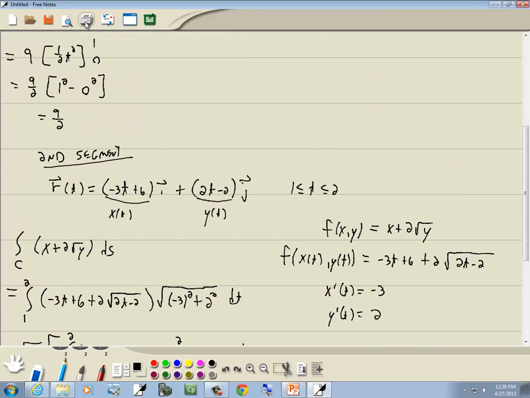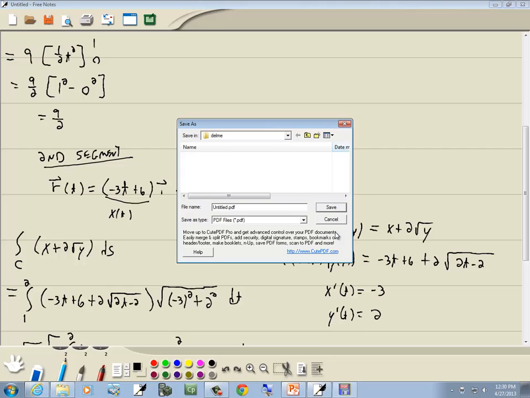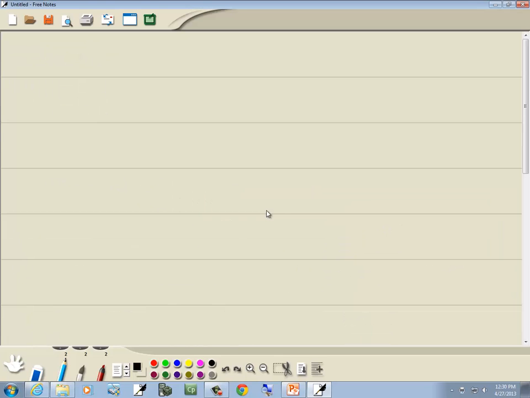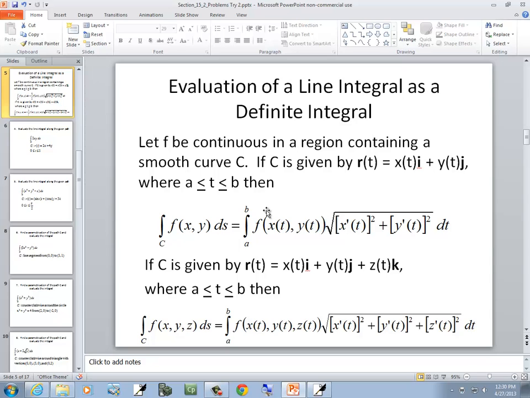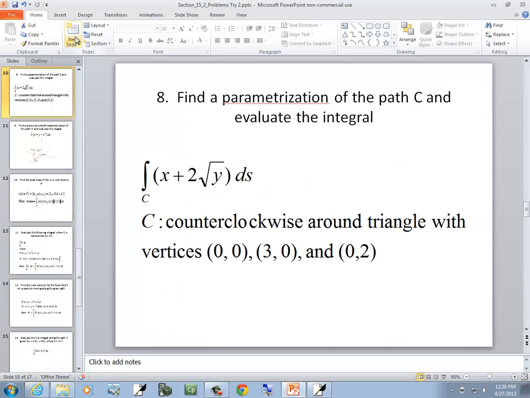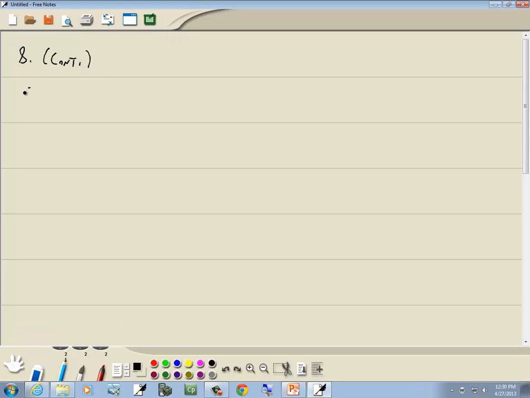Let's do our third segment. Okay, this is problem number 8 continued. And again, what we're working with here is the integral of x plus 2 square root of y ds.